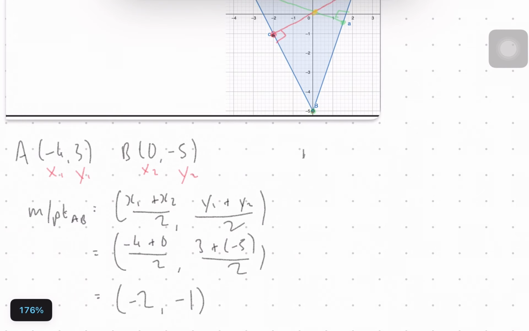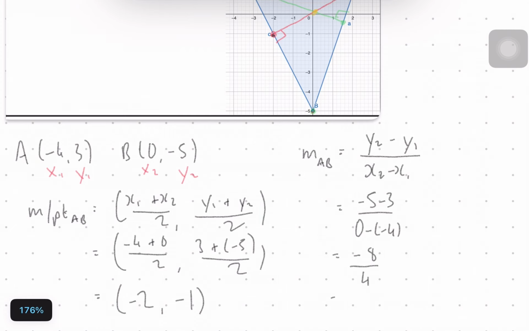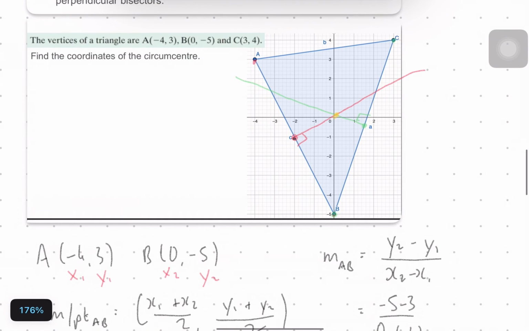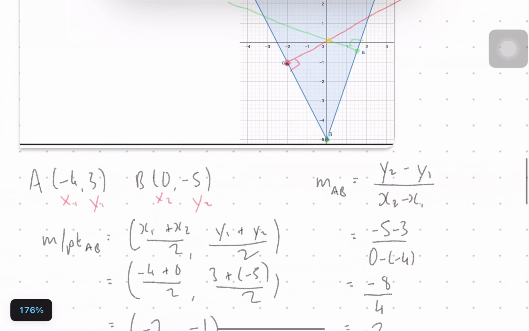The slope of AB is y2 minus y1 over x2 minus x1. So that is minus 5 minus 3 over 0 minus minus 4, which is minus 8 over 4, which is minus 2. So the slope of AB is minus 2. That makes sense, it's going down from left to right, so it should be negative.